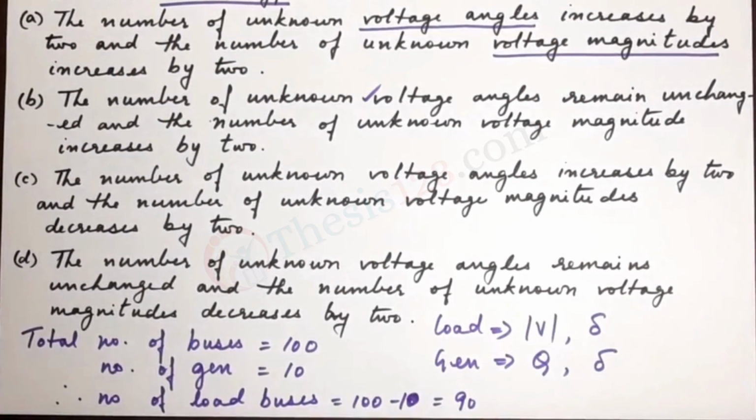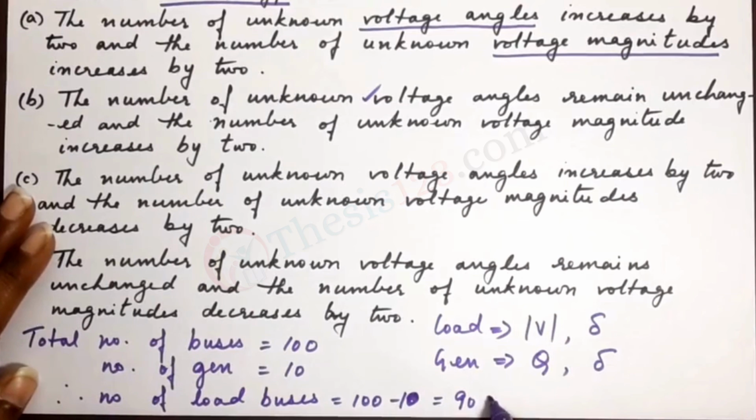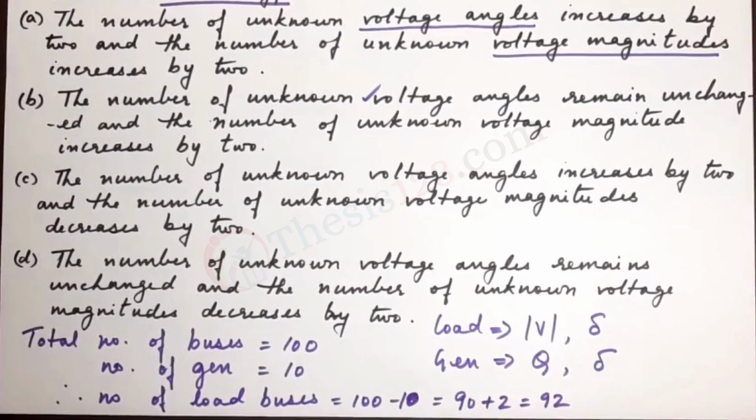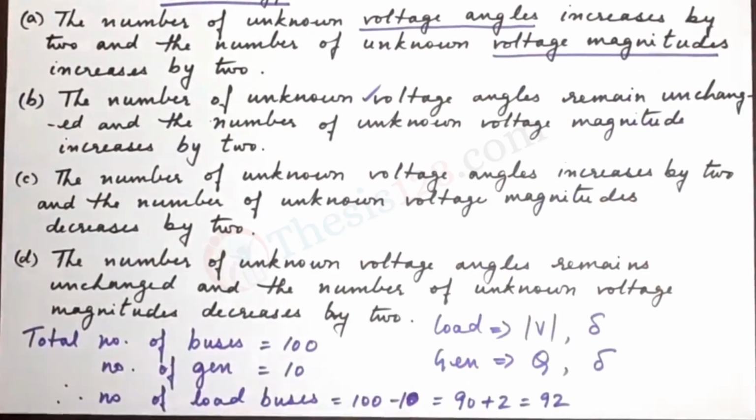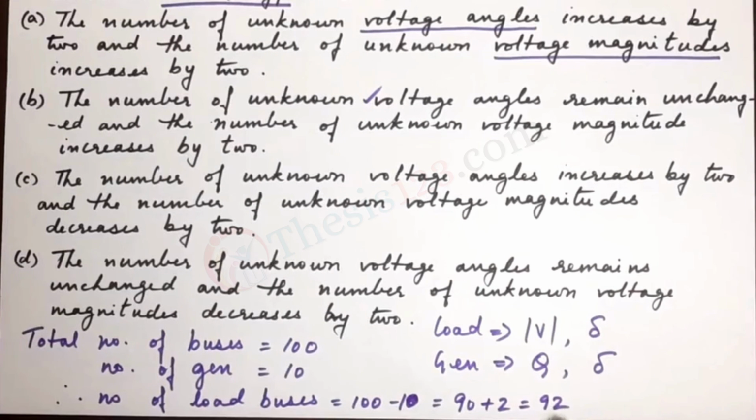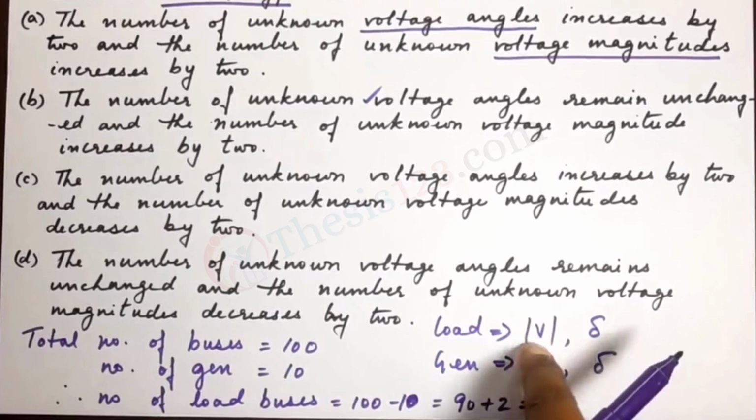So that means that 2 generator buses change to load buses. So 90 becomes 92. Both those 2 PV buses are changed to load buses. So 90 becomes 92. So that means that the voltage magnitudes increase by 2.